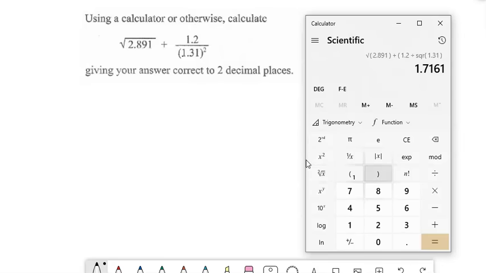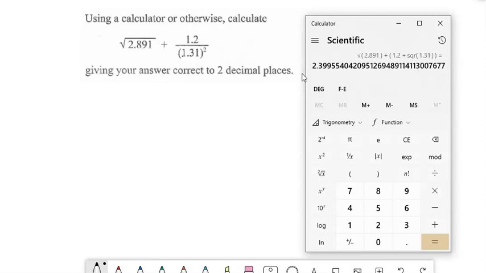Close the brackets and then press your equal sign. And you get the answer as 2.39955, etc. So instead of writing all this down, see how you are told to approximate the answer.